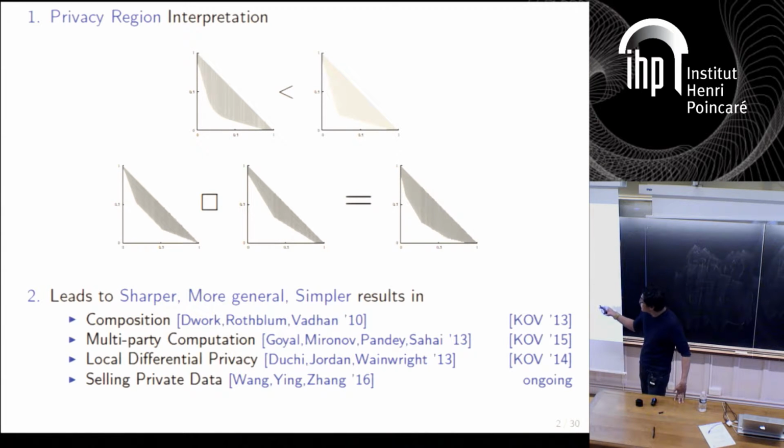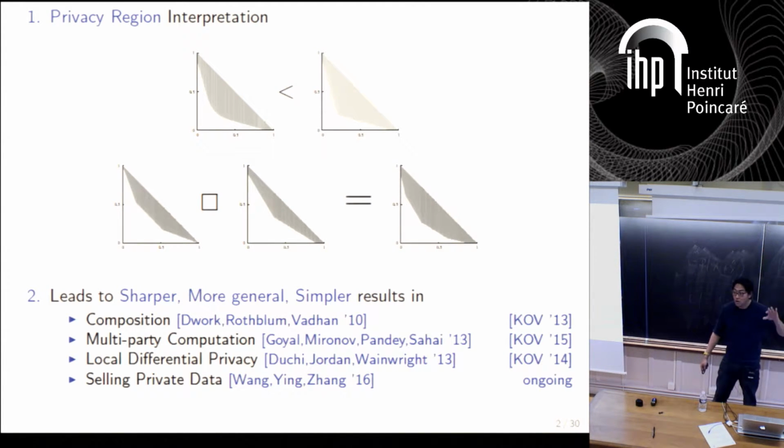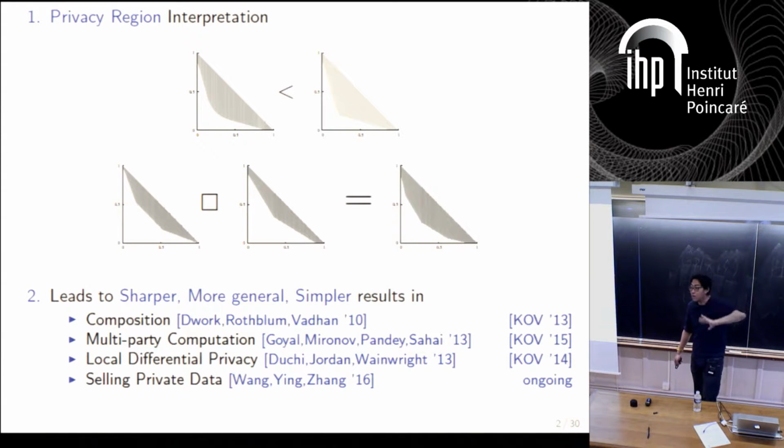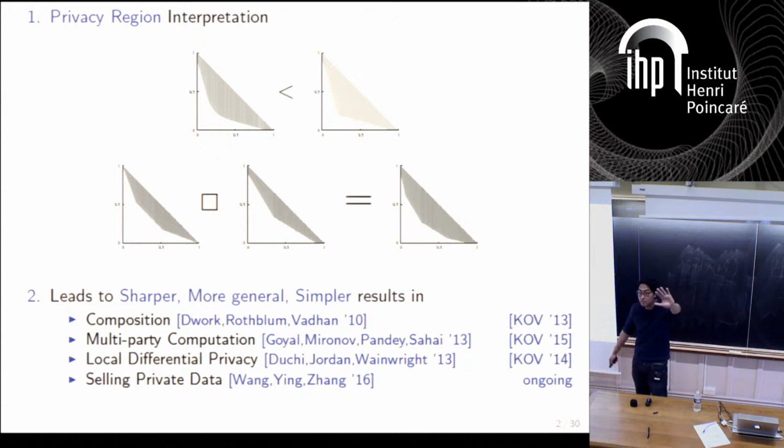And this also gives us an operation. For example, if you have another privacy mechanism, I didn't explain what the pictures mean yet. It'll be clear soon. But if you have two different mechanisms, and let's say you do composition, what does the resulting mechanism look like? Meaning, let's say you access a database, one using maybe Gaussian mechanism, the other using Laplacian mechanism.